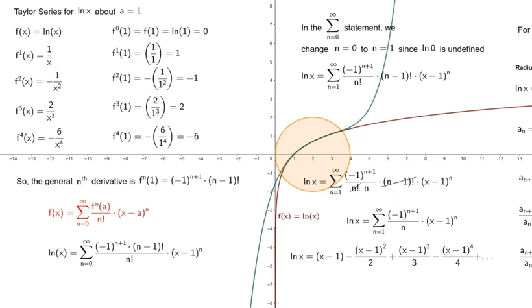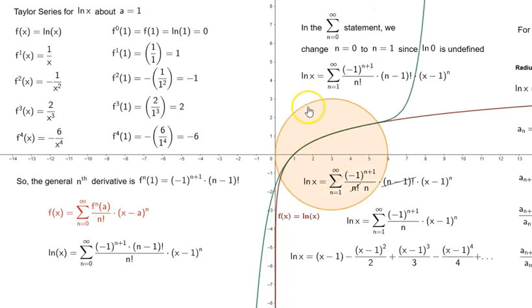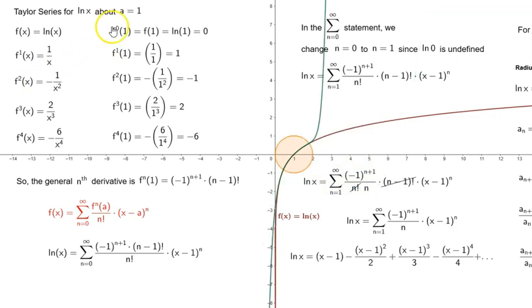So here, if I start increasing the number of terms, accordingly this circle also increases as I keep changing the position of the centering of the Taylor series. As I change A, here it is not changing. It remains as 1 because it is static, but the graph keeps getting updated. So here A is equal to 1 is this graph. So that was the Taylor series for natural log of x about A is equal to 1. That's it for now.